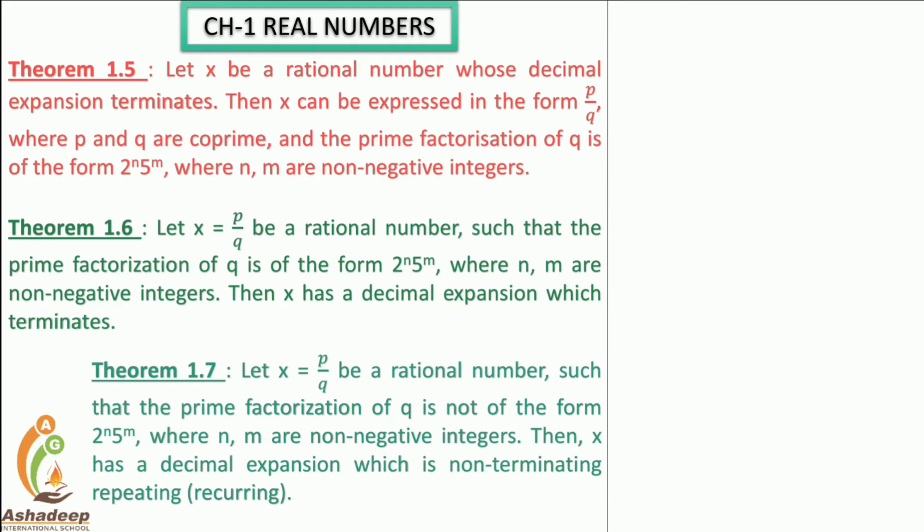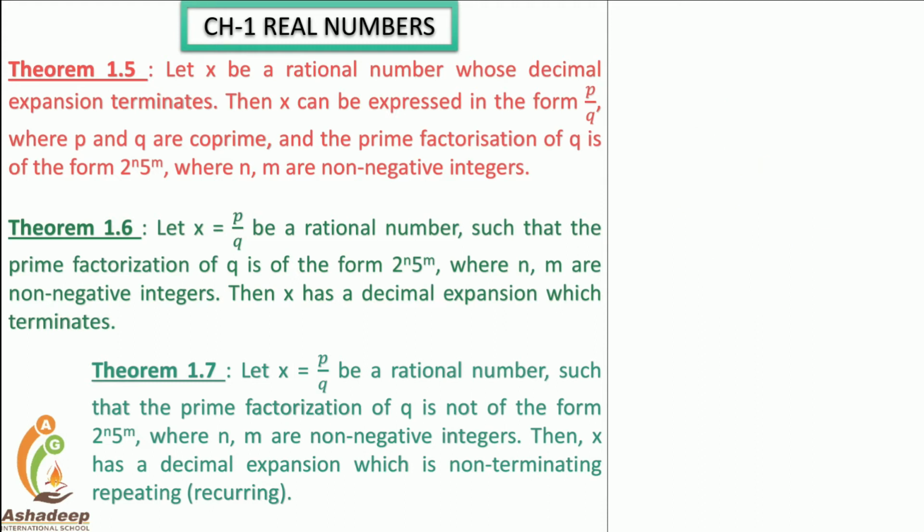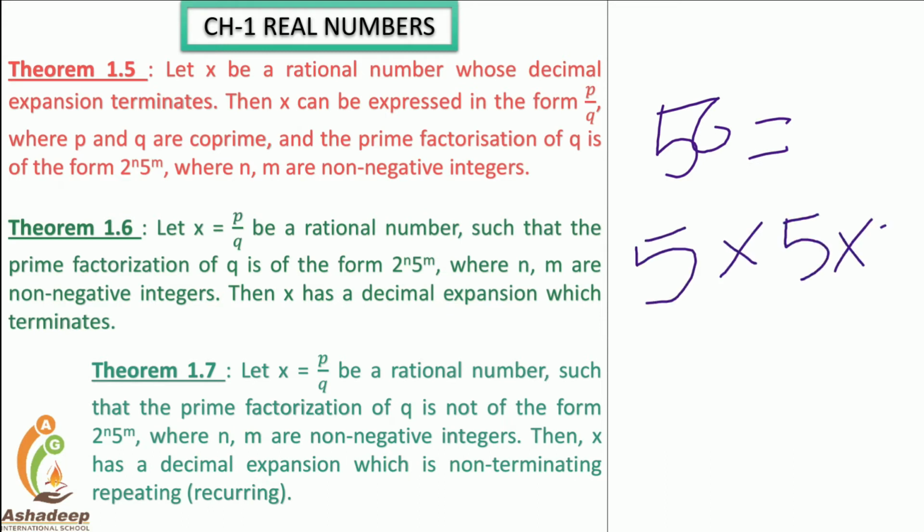Let's see another example, 9 divided by 50. Here q is equal to 50. So 50 is nothing but 5 multiplied by 5 multiplied by 2, so it is in the form 5 square into 2.